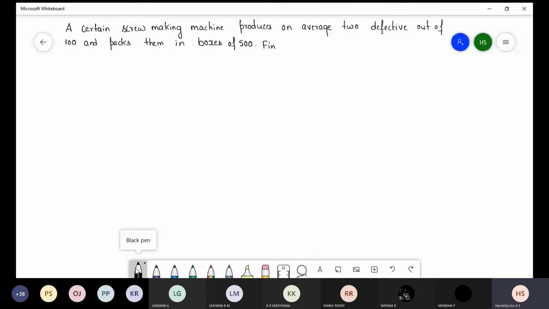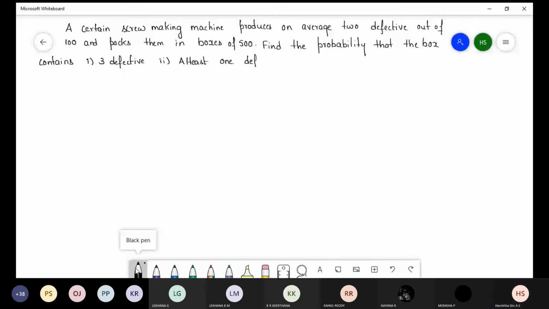Find the probability that a box contains: first one, 3 defective; second one, at least 1 defective; third one, between 2 and 4 defective.